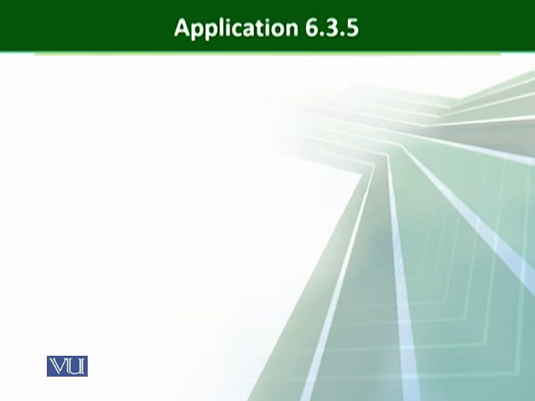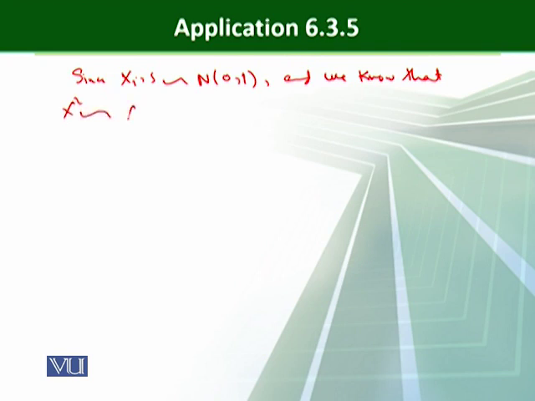Since we know that the Xi's are from the normal distribution, and we know that the square of a standard normal follows the chi-square with 1 degree of freedom.